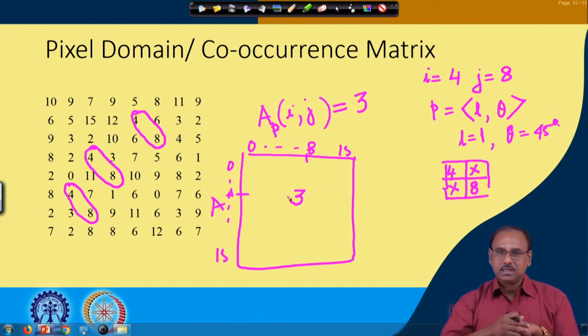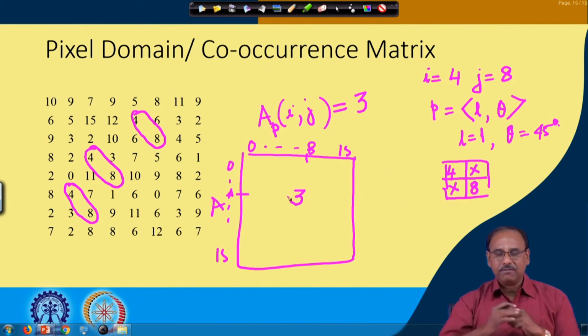Now, if I normalize this co-occurrence matrix, then what I basically get is a joint distribution. That is, the frequency of occurrence of the i j th pair of intensity values following this positional constant p occurring in the given image. So, it is the frequency of occurrence, which is nothing but the probability distribution of the pair of intensity values.